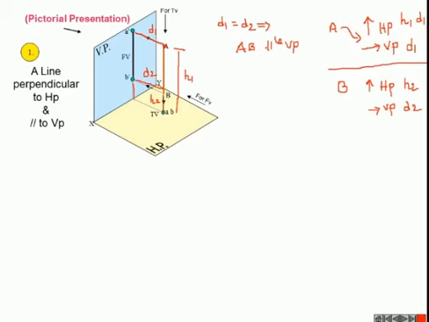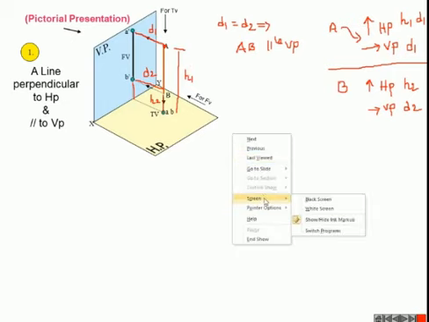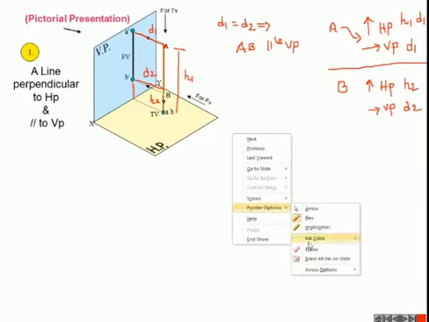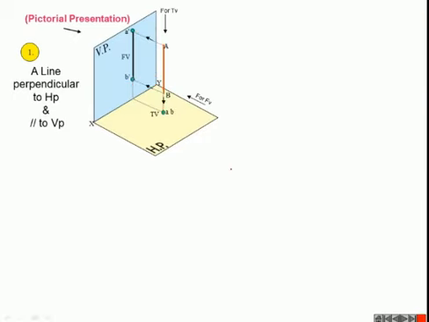But here, for the line AB, H1 is not equal to H2. H1 and H2 are the above distances. Now coming to the projections.